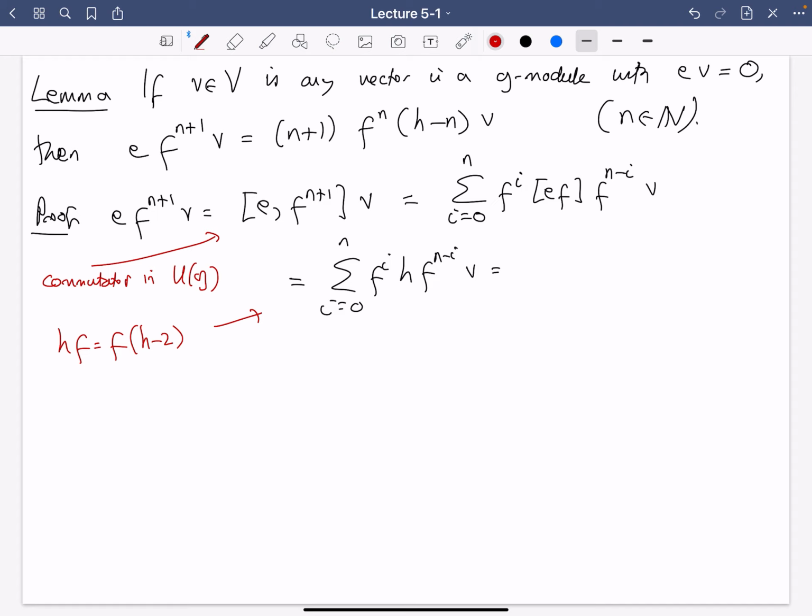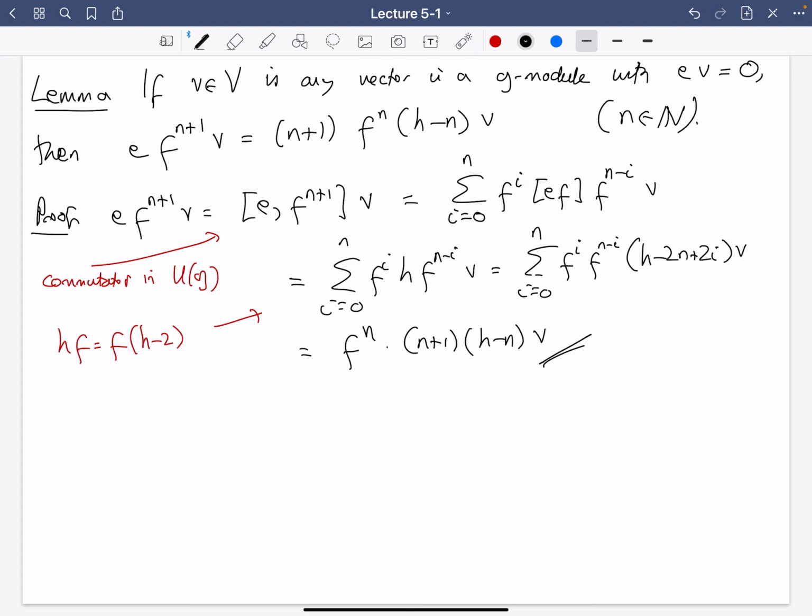That's our Lie bracket. HF is negative 2F, but it's more convenient written that way in the universal enveloping algebra, so I can pull that H to the right. Each time it goes past one, you subtract 2, so it's going to be H minus 2n plus 2i, v. And then you just have to do a little bit of algebra, add up those coefficients to see that you get n plus 1, H minus n, v. And that's the proof, right? So that's the calculation. It's not really that bad.